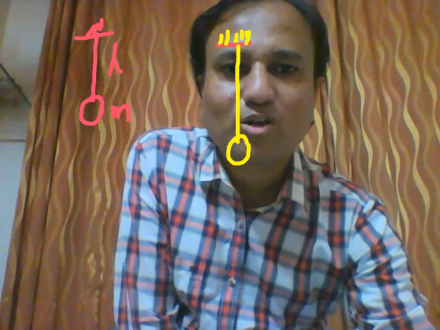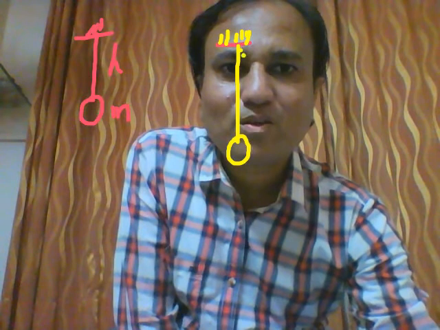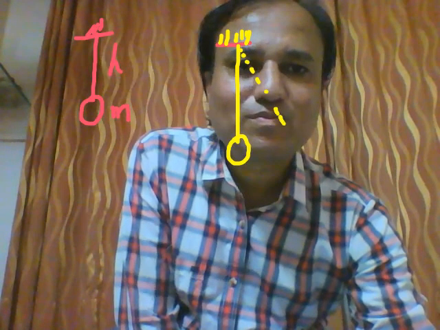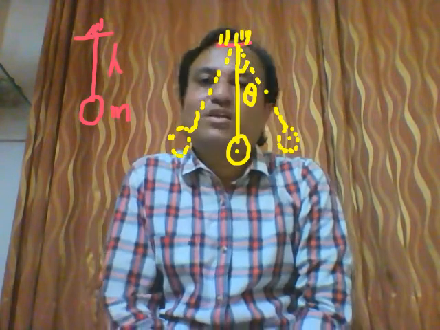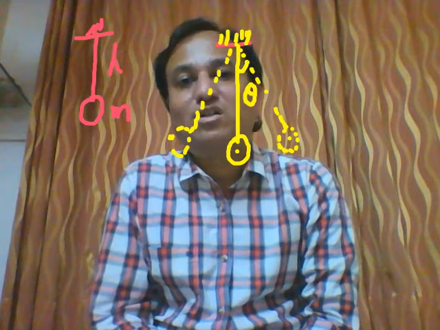This is the mean position of the pendulum, and these are the two extreme positions. So it has angular vibration. A simple pendulum has angular vibration. You can calculate its natural frequency either by the energy method or by the Newton method.